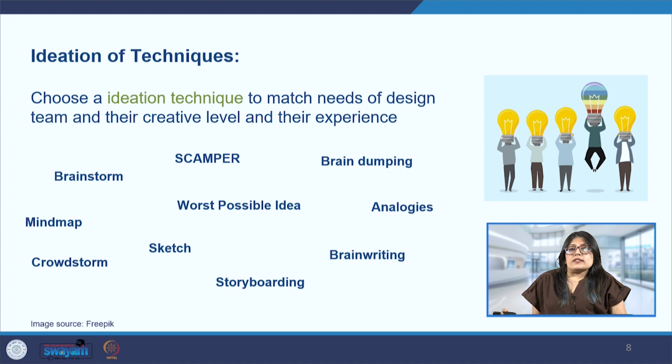What this does is that it relieves the tension of the designer, because otherwise the designer or the team would be under tremendous pressure to perform well. So when you're thinking of the worst possible idea, it acts like a safe space where the pressure is released from the team and then they can explore the better ones.